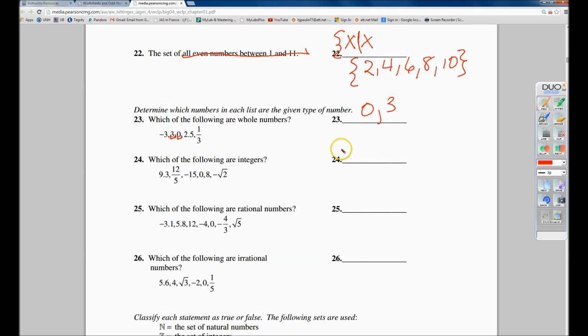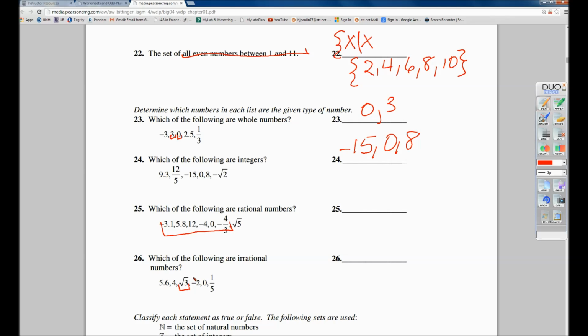And a negative 15 would be 0 and 8. Which of the following are rational numbers? All of these are rational numbers. The only one that isn't is the square root of 5. And which is irrational down here? The square root of 3.